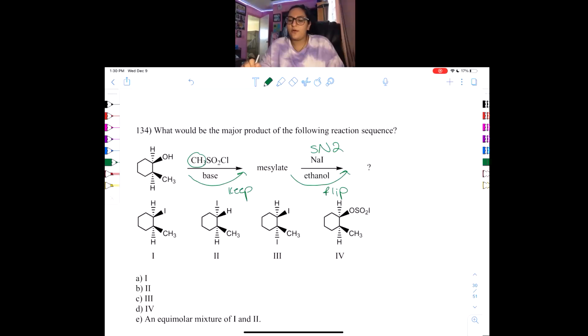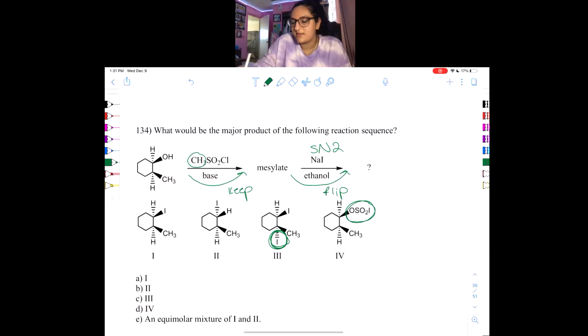So we're looking for the answer that replaced essentially the OH with an iodine, and we want to flip the stereochemistry at that center. So which of these answers do you guys think is correct? Yes, it can't be this one because we replaced the iodine here.